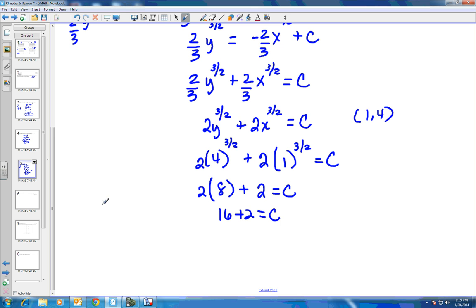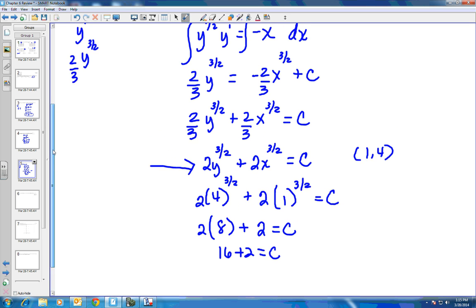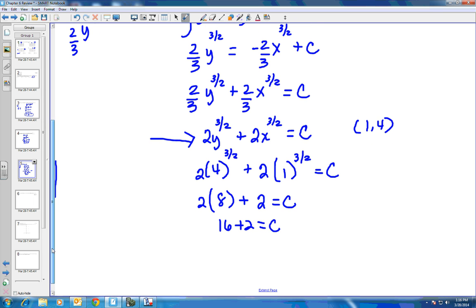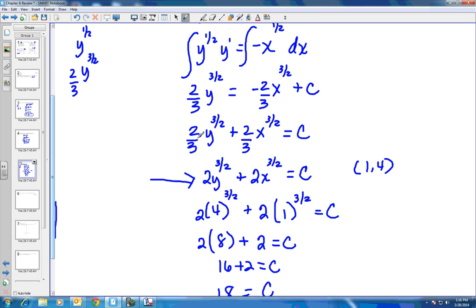Okay, now I used what? This. Let's see. Where's my y equals? I have my c is 18, right? So I have to plug this in to my equation right here, right?